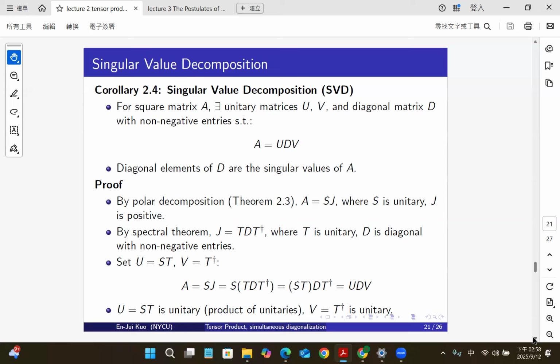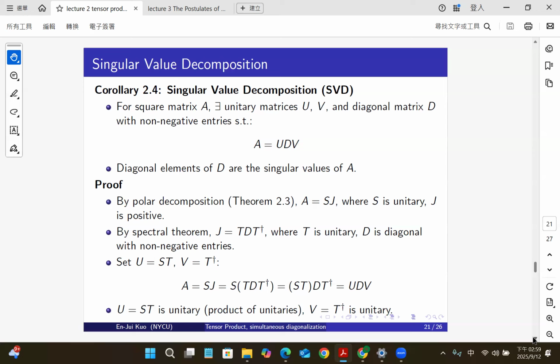So I combine S and T. And notice that S is unitary and T is unitary, so their product is unitary. So I define S T to be U, and T dagger to be V. The proof uses two steps: you first write A in its polar decomposition, a unitary times a positive matrix, then expand the positive matrix with the spectral decomposition into a unitary times a diagonal matrix times a unitary, and then combine the two unitaries. That's it. Is it simple? So this proof is very simple.